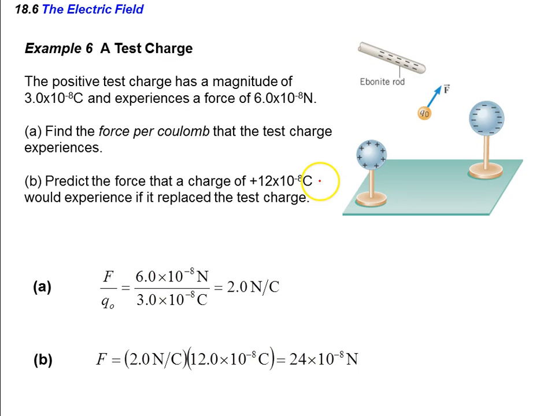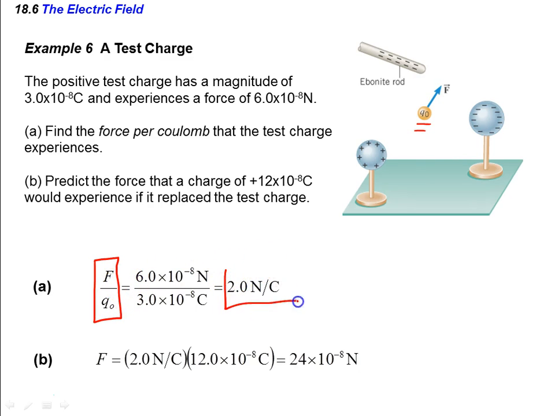We can quantify this electric field by using the equation of F over q naught, meaning, what's the force that our test charge is experiencing, divided by the amount of charge that it has.